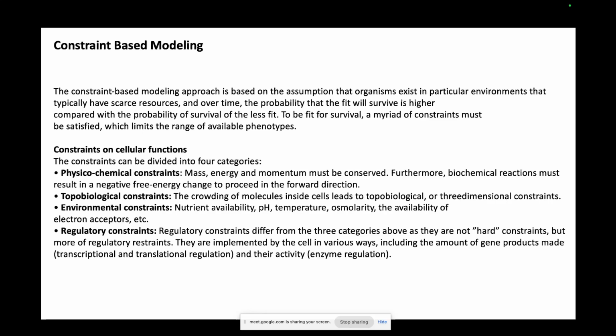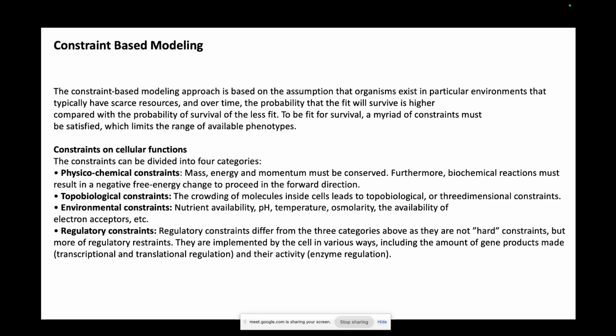Environmental constraints are basically nutrient availability, pH, temperature, osmolarity, availability of electron acceptors, etc. As you remember, every enzyme has a particular pH and a particular temperature at which it works best.